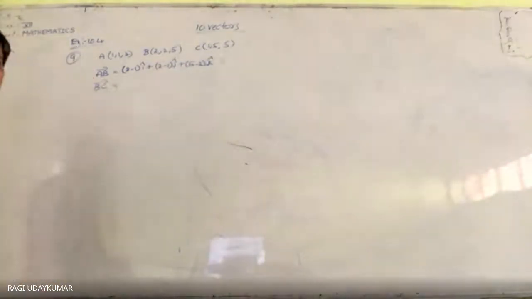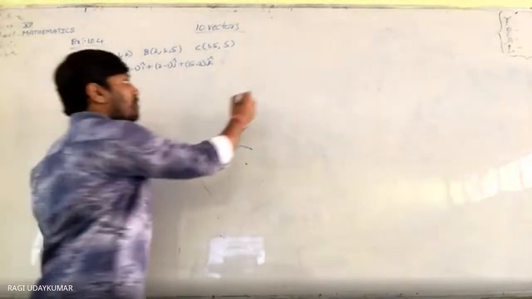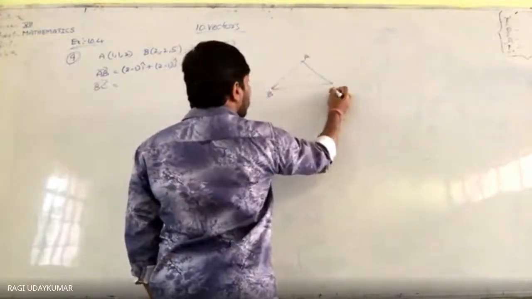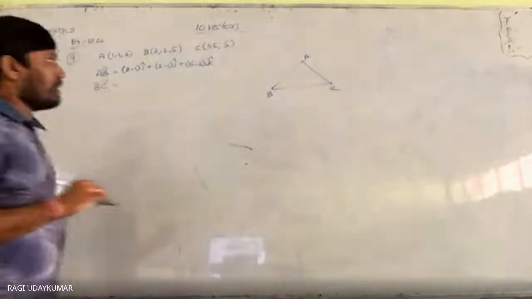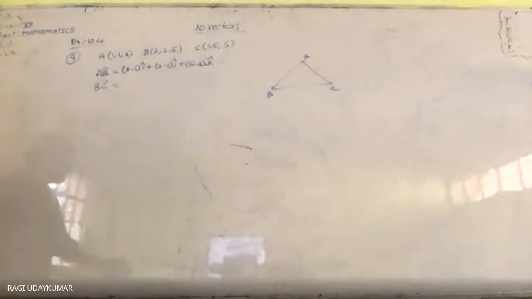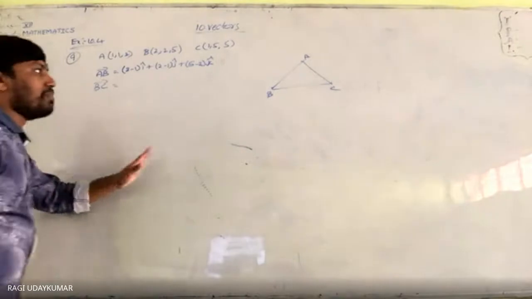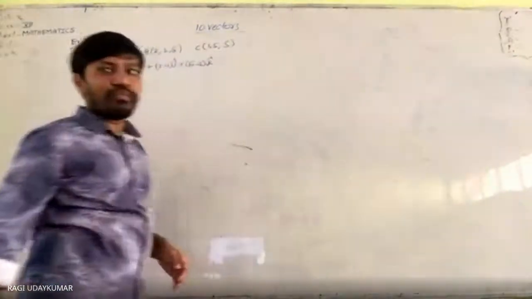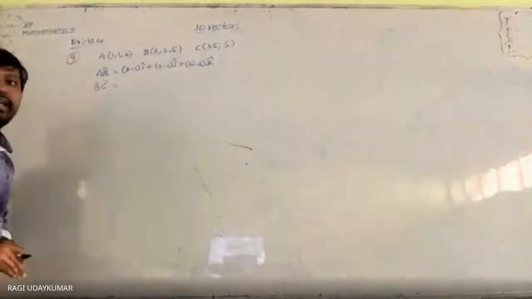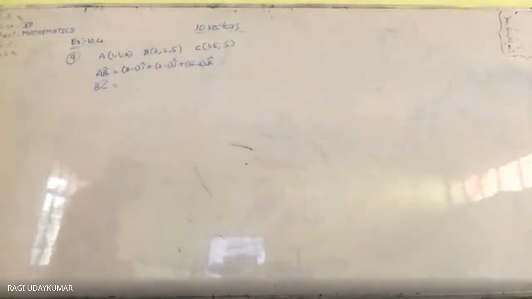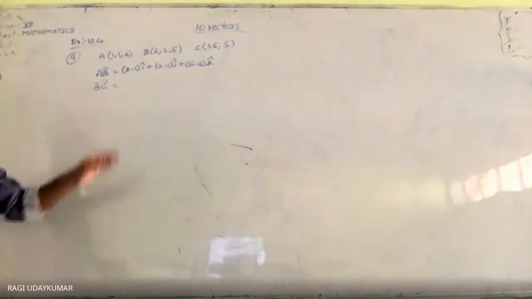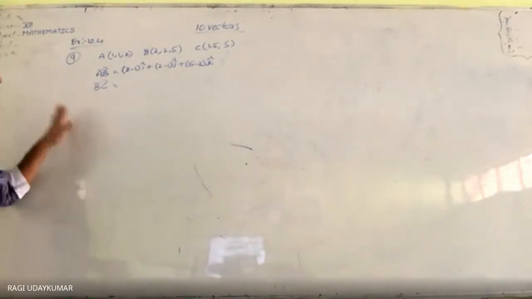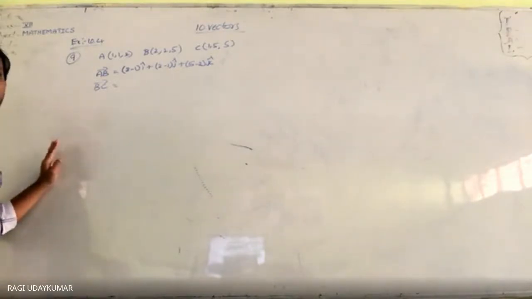Two vectors are to be taken in the triangle, and the points are given to you. So I am finding the AB vector and the BC vector.